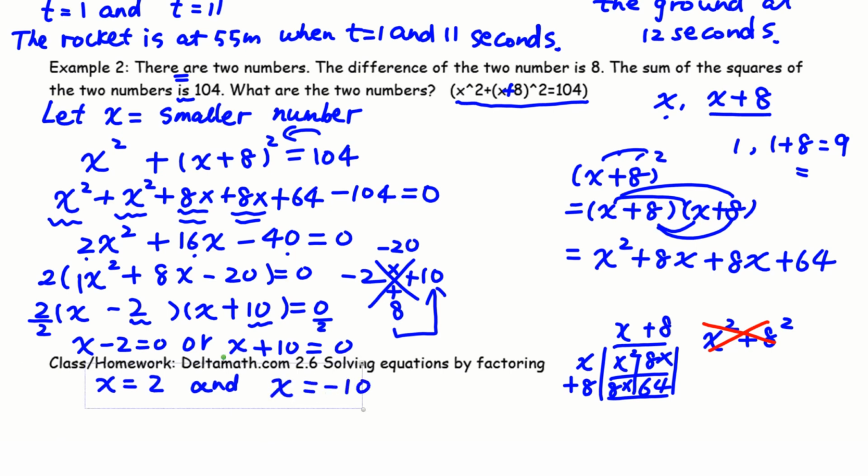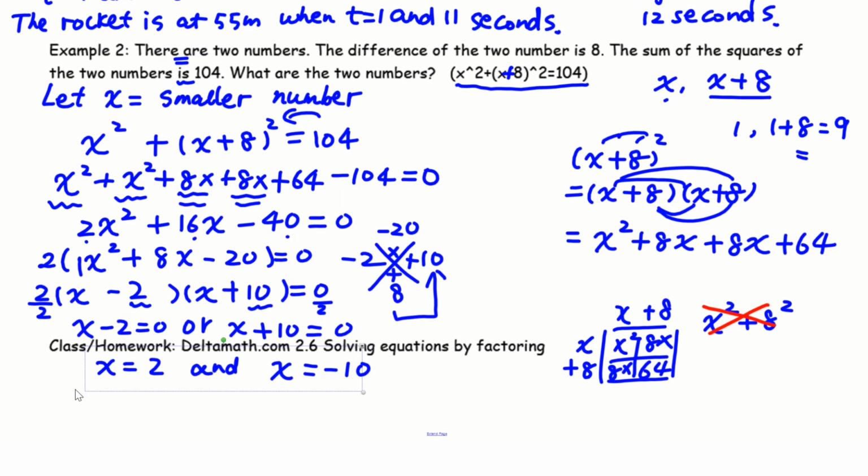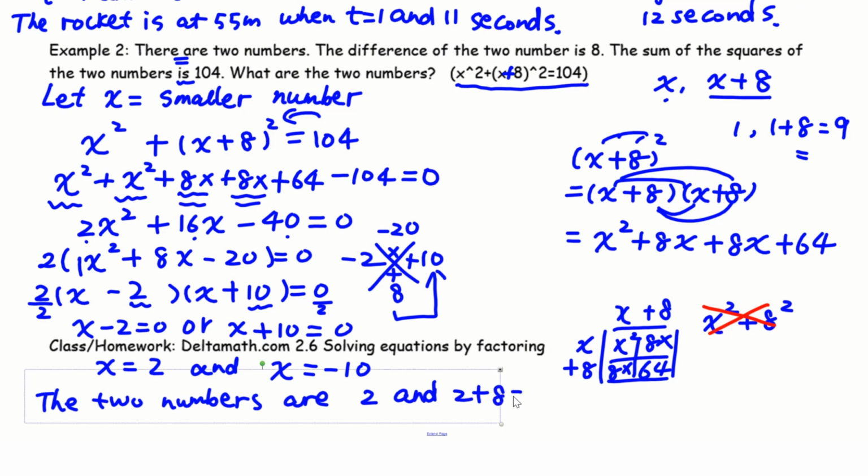So the two numbers will be: one is 2, the smaller number is 2, and the larger number will be plus 8, is 10. So the two numbers are 2 and 10.